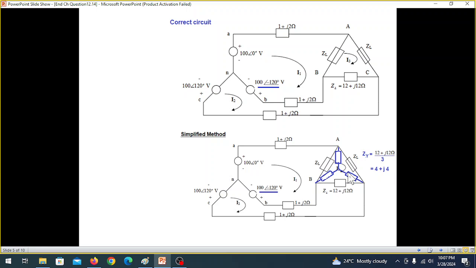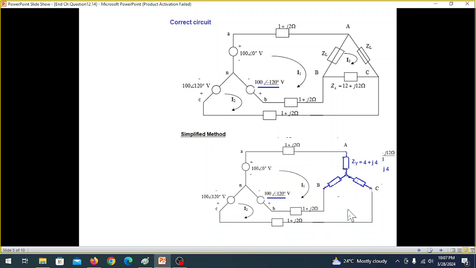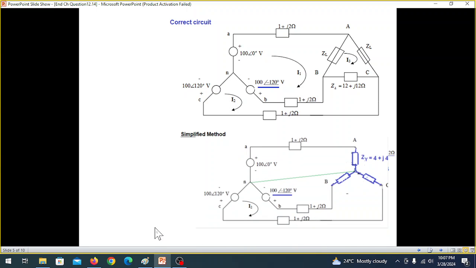And then we can eliminate the delta signs. So the circuit will look like this. And then we can connect the neutrals. So this neutral and this neutral we have connected. And we only need to solve for one phase as shown here. And then the other two phases will differ only by the phase difference.